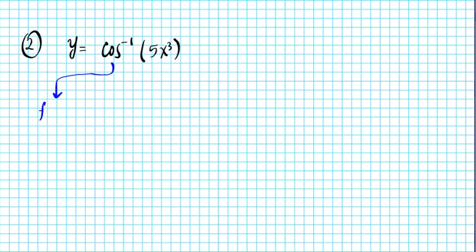Let's call the outer function f of x, which is the inverse or arc cosine of x. And then the inner function is this cubic monomial here. Let's call that g, which is 5x to the third.